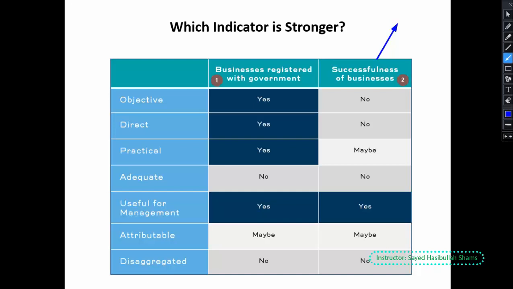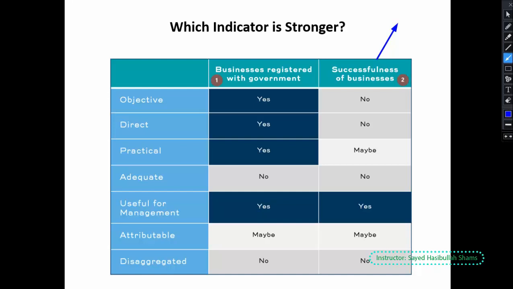This indicator does not provide enough information for management, so no. They only give information about the number of businesses, but there is no disaggregation, for example, of the different categories of businesses. So this indicator did not provide enough information. This is no, and this is also no.